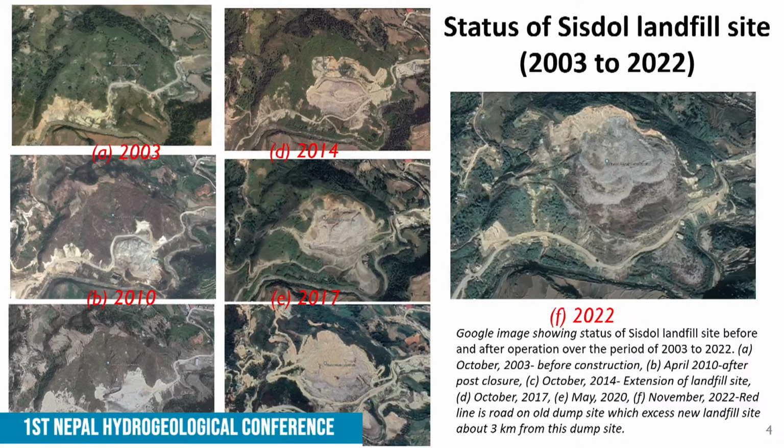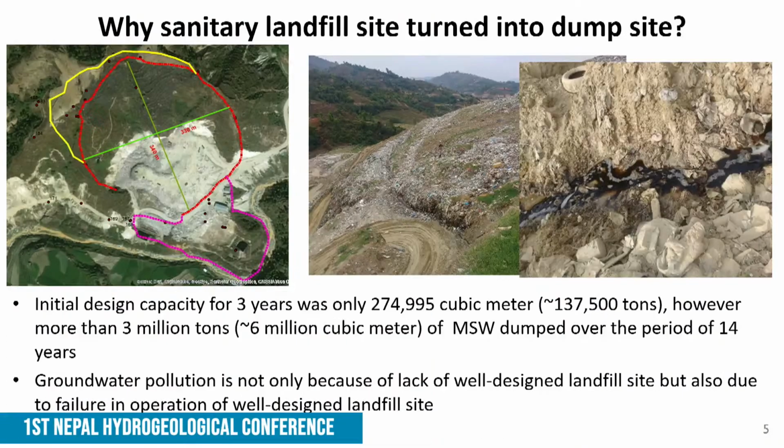This is how our Sisdole sanitary landfill was converted to a dump site. You can see photographs from 2003 to 2022. Finally, we converted almost 8 hectares of land to an open dump site. Initially, it was designed for just 2.5 to 3 years, to accommodate around 150,000 tons of waste.